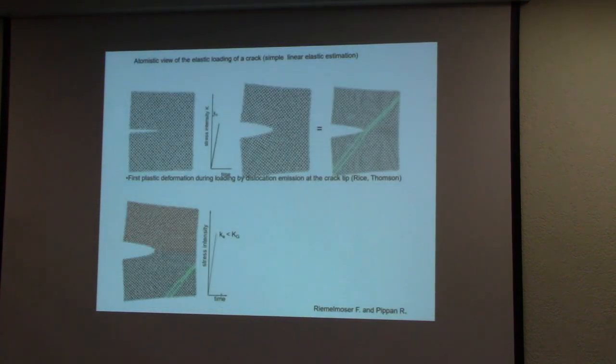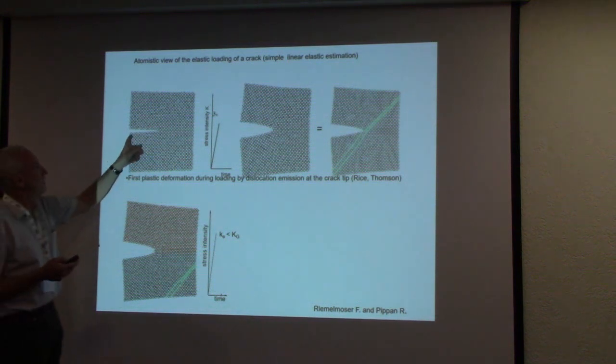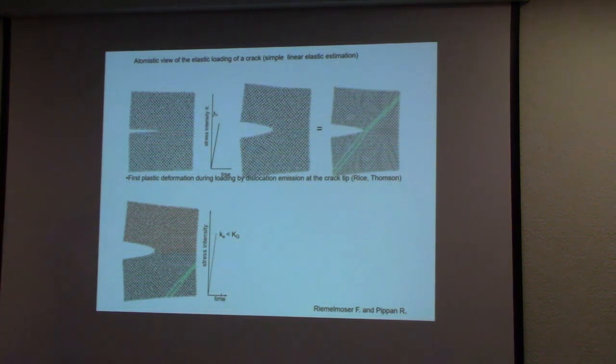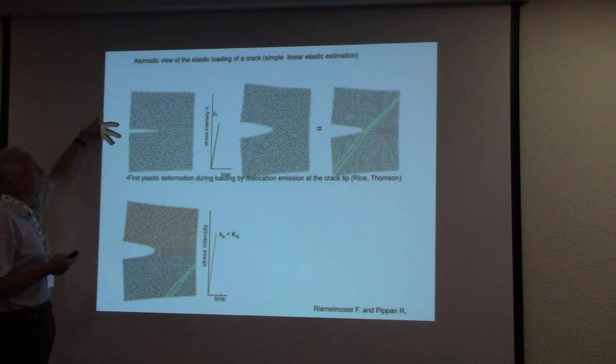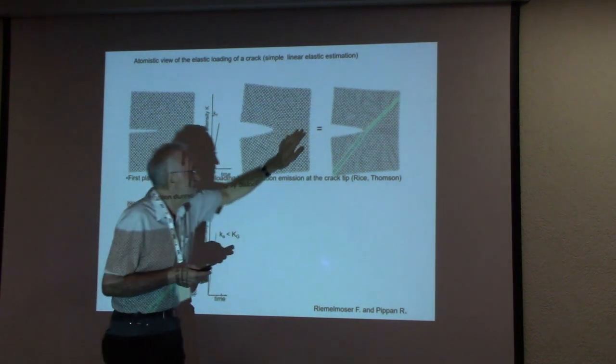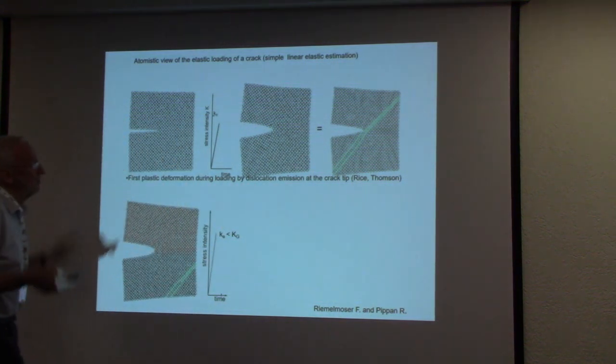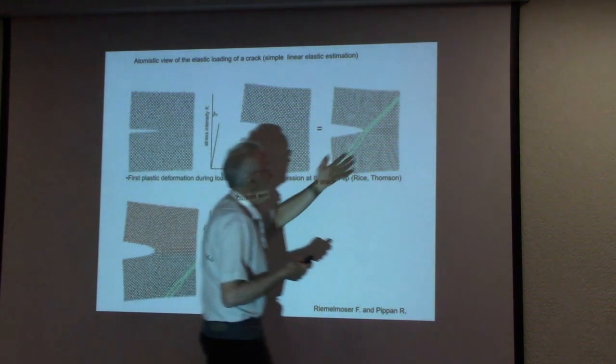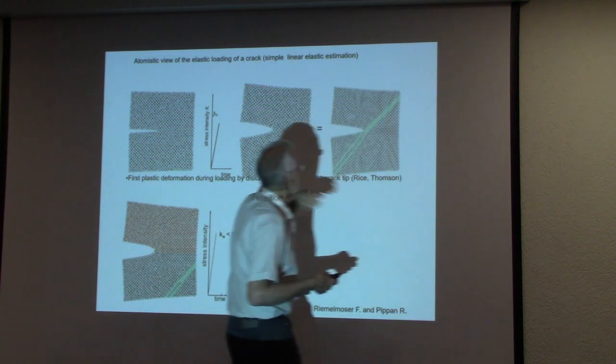So what happens in a metal or intermetallic material, or even in ceramic silicon, when you load a crack, and you have no dislocations and no dislocation sources in front of the crack?